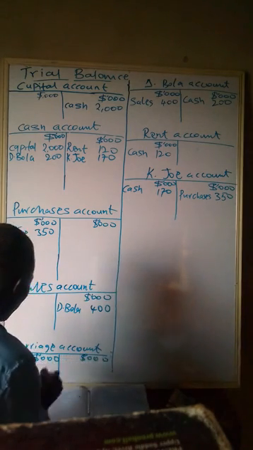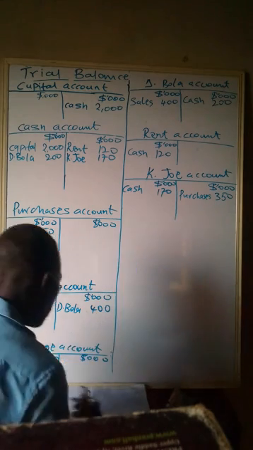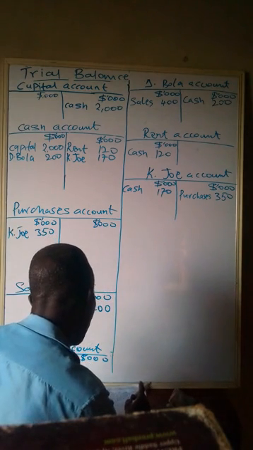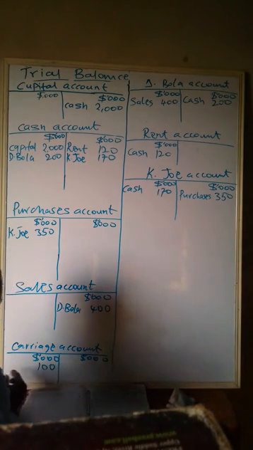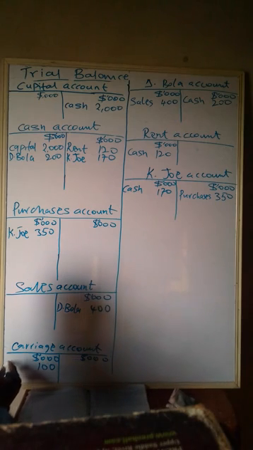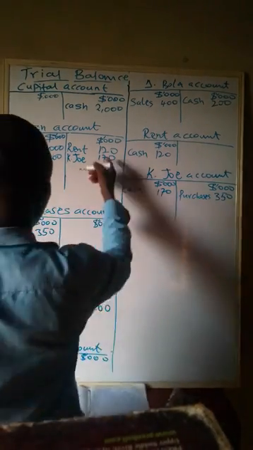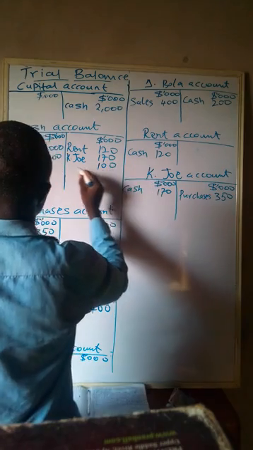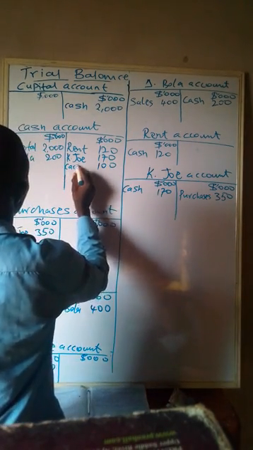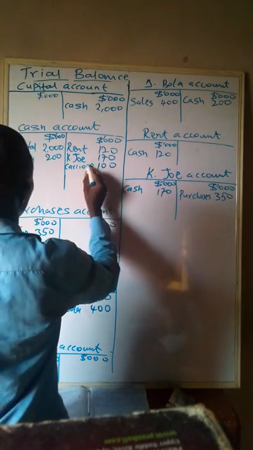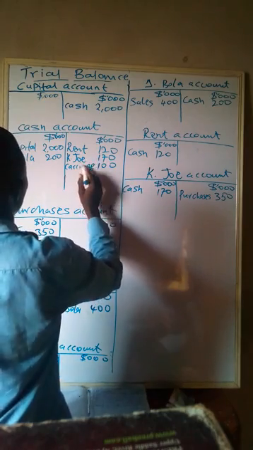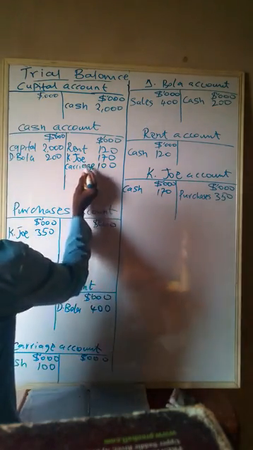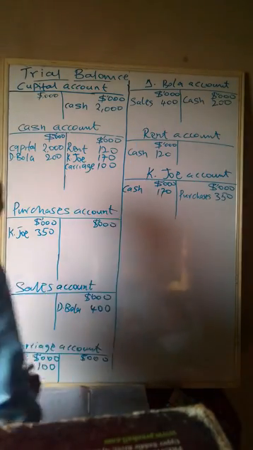When expenses are increasing, what do you do? You debit, and that is pay carriage, $100,000, and that is by cash. So money goes out from the cash, that is 100,000, and that is the carriage here. The corresponding entry here is carriage.